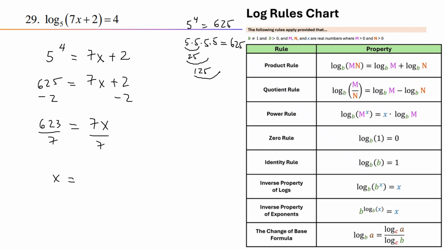Now we're looking at 623. You can think of the number 7 because that number looks familiar to me. It should be in your list of familiar numbers.